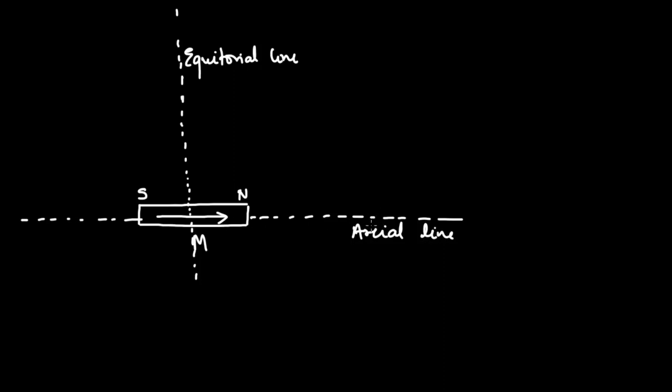Any point on this line is called an axial point, and any point on this line is called a point on the equatorial line. Suppose I have taken these two points. The magnetic field on the axial line, at any point on this axial line, I can take a point here also, the direction of magnetic field due to this bar magnet at any point on the axial line is along the direction of dipole moment m, that is in that direction.